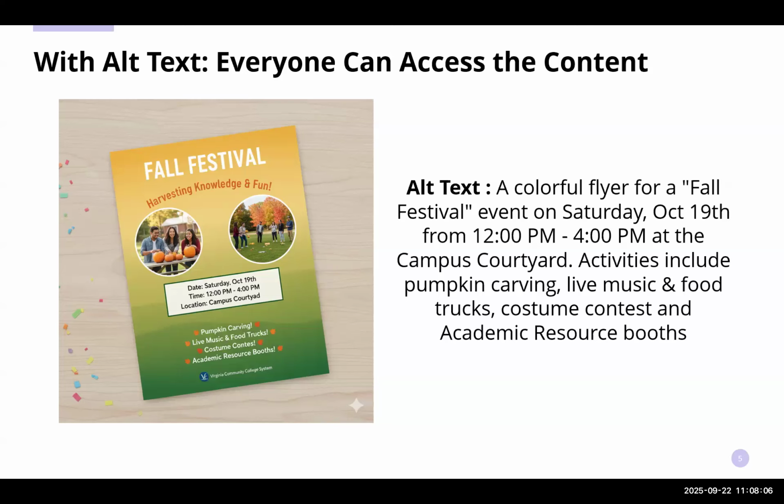Activities include pumpkin carving, live music and food trucks, costume contest, and academic resources booths. So this information gives users access to the same information as everyone. And that is the impact of alt text. It closes the gap.